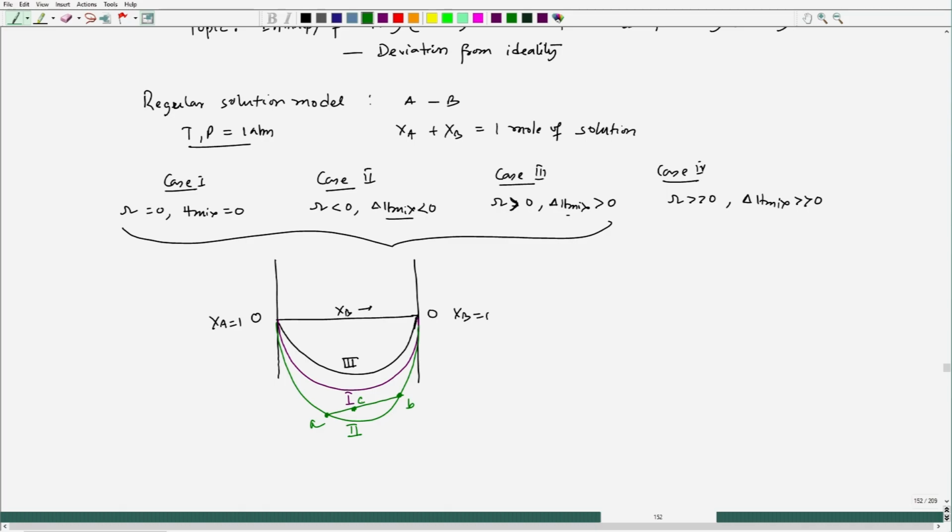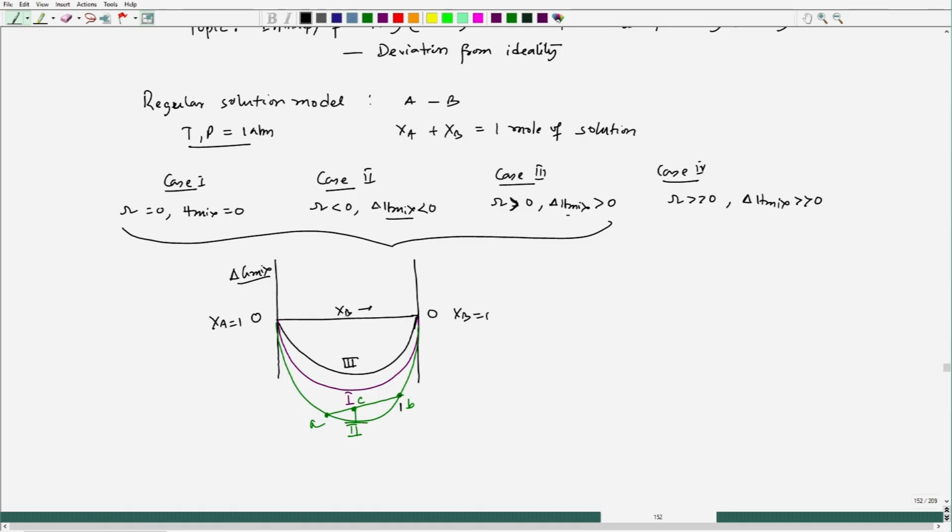If we take a vertical line from C, it will be the minimum point on that particular delta G mix versus x B plot, and here it is the delta G mix plot.